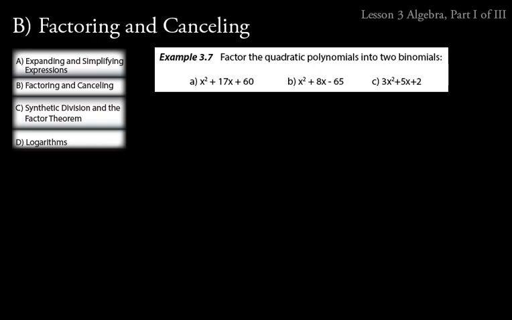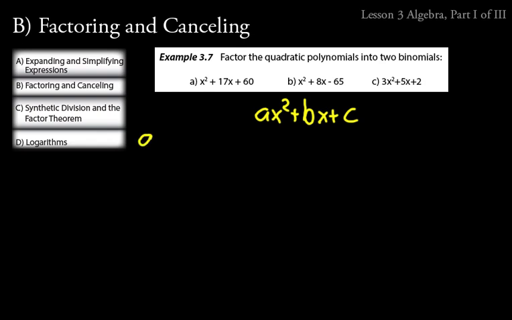Problem 7, reviewing quadratic polynomials, so an x squared plus x plus a constant, having that ax squared plus bx plus c format. These will be designed to factor into integer binomials. When a is 1, you can just think, what two factors multiplied together equal c, and added together equal b.